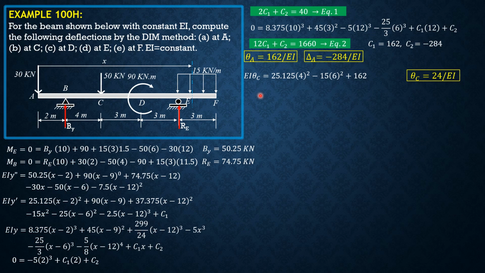Then for delta C, x is 6, so EI delta C is equal to 8.375 times 4 cubed, minus 5 times 6 cubed, plus 162 times 6 plus C sub 2, which is negative 284. So delta C is equal to 144 over EI.